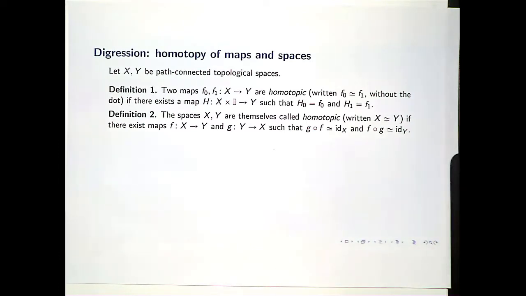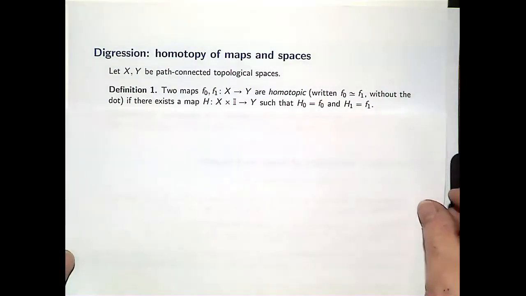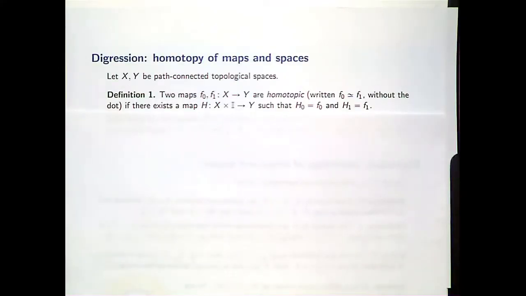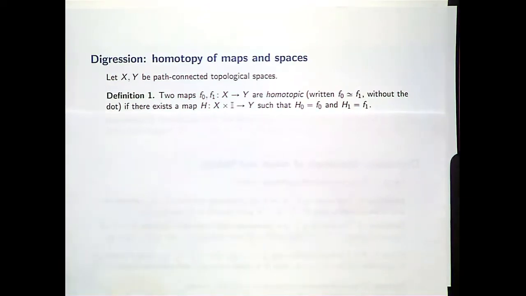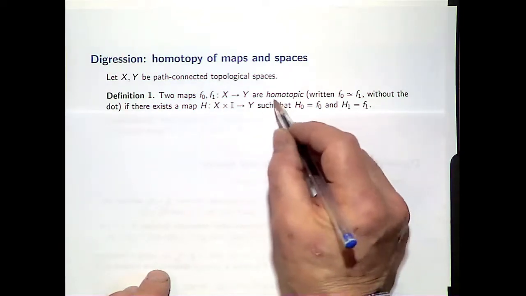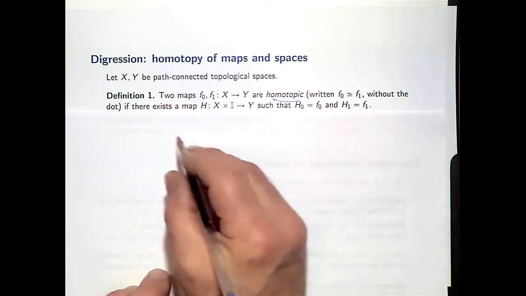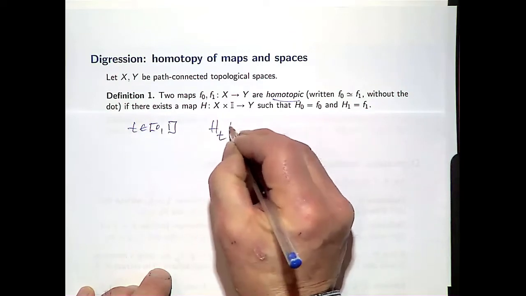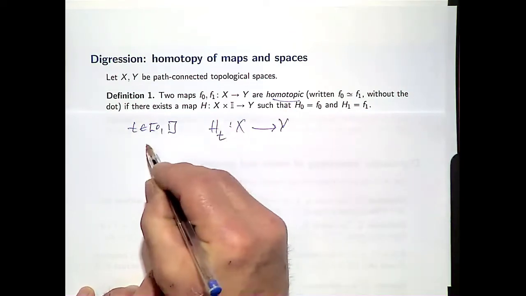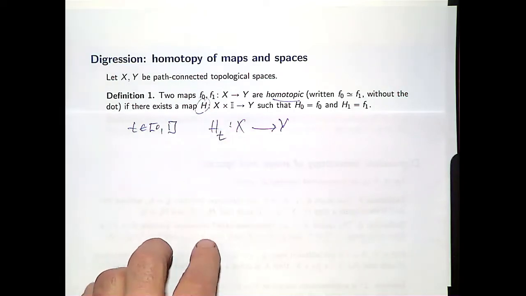So first of all, let's talk about maps. If we have two maps between two topological spaces, F0 and F1, then they're said to be homotopic if I can deform one to the other, just like I did for loops. But there's no insistence on any condition for an arbitrary t, because I don't necessarily have base points in this setup. I just have two maps, any two maps. I say they're homotopic if for all t in [0,1] I can define another map from X to Y, and the whole thing is continuous.